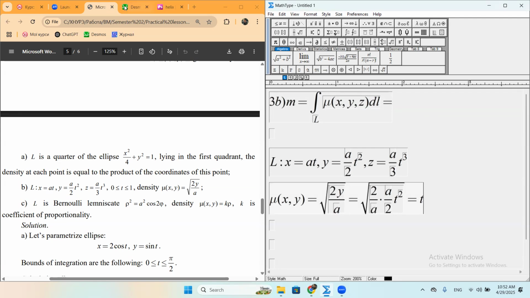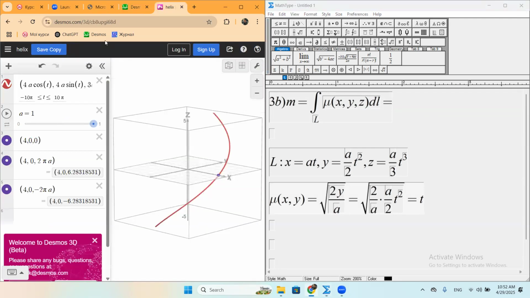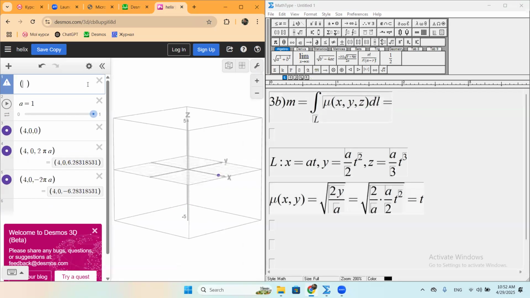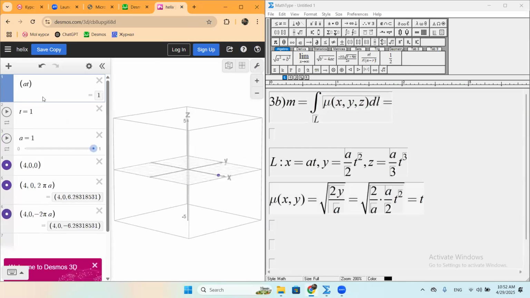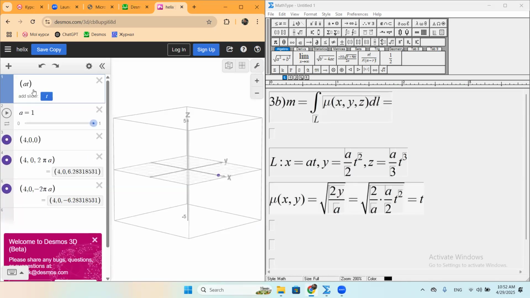And let's also plot this curve. So in this exercise, so At, okay, let's add a slider for t, or how it was here.